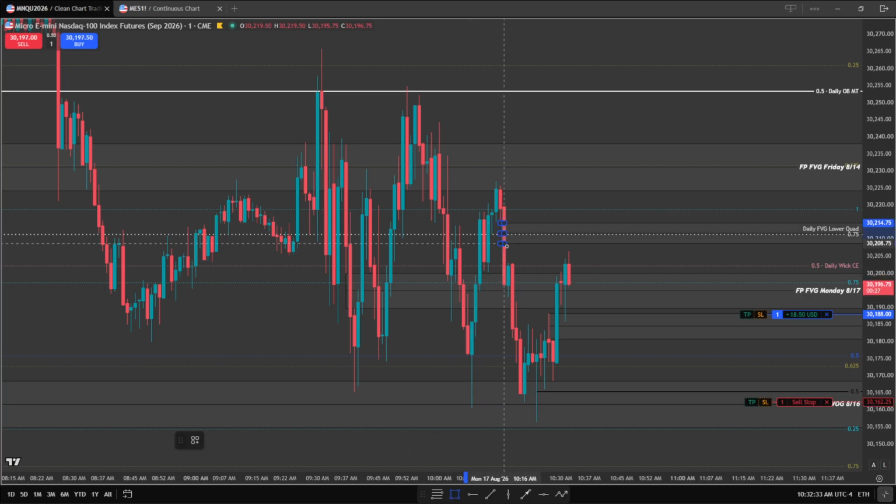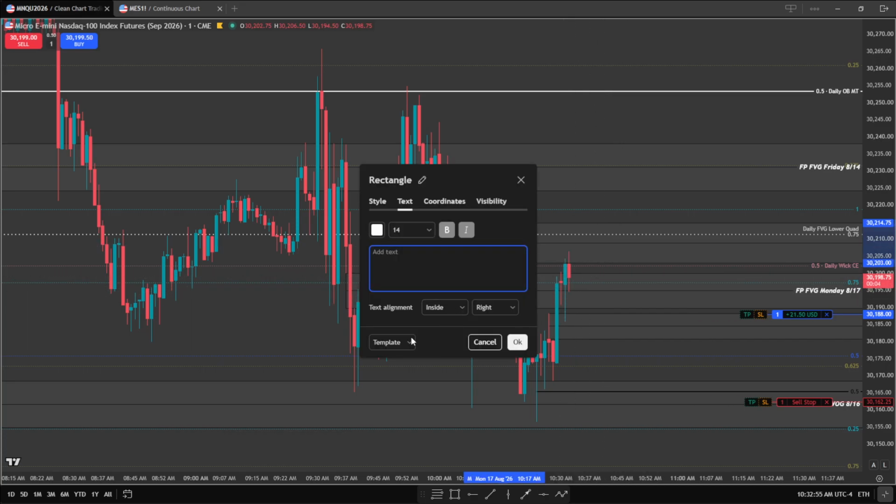This inefficiency is going to be really important to get through. That should be an inversion fair value gap. And I'd like it to start holding the midpoint of last Friday's first presented. So this I'm going to label bullish inversion.